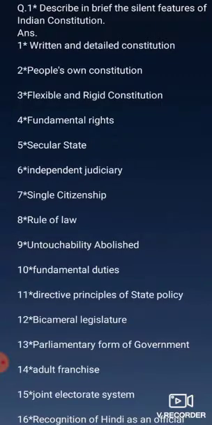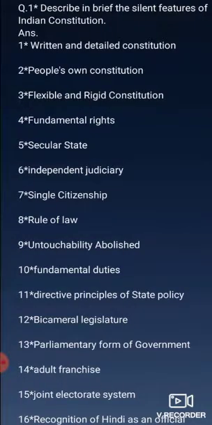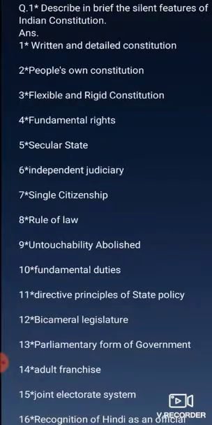Next feature is adult franchise. Before the inauguration of the new constitution, the franchise under the Act of 1935 was very limited.